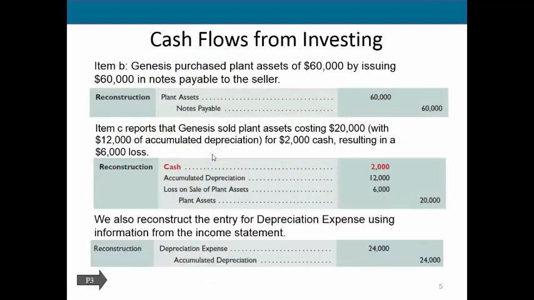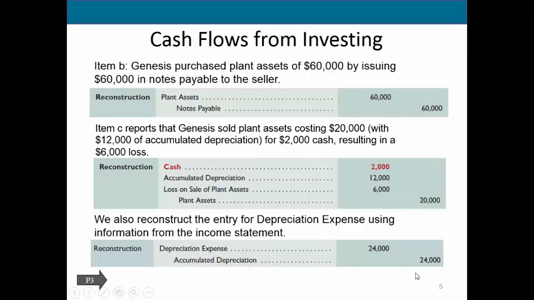So what happened here? You can see here that when we sold this asset, we would have decreased accumulated depreciation by $12,000. But also we have additional depreciation for the current year, and we're told that for the current year, we've got $24,000 of depreciation expense. So our depreciation expense is $24,000.